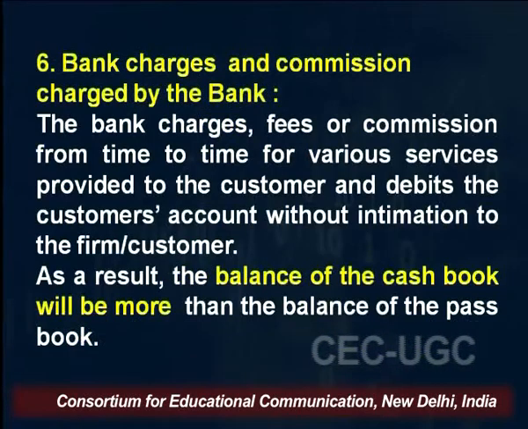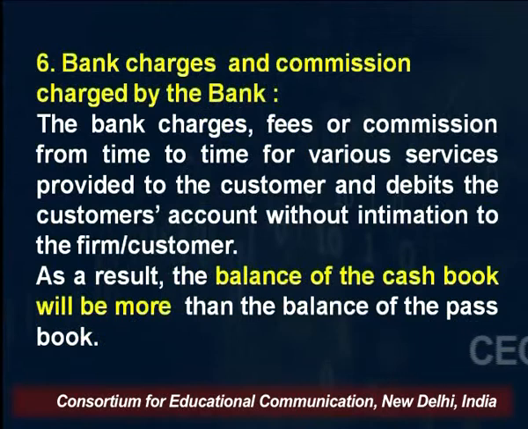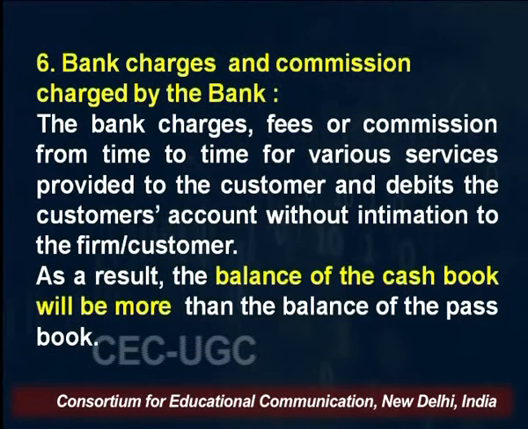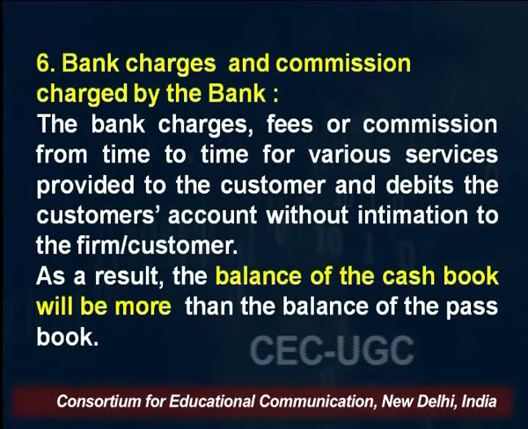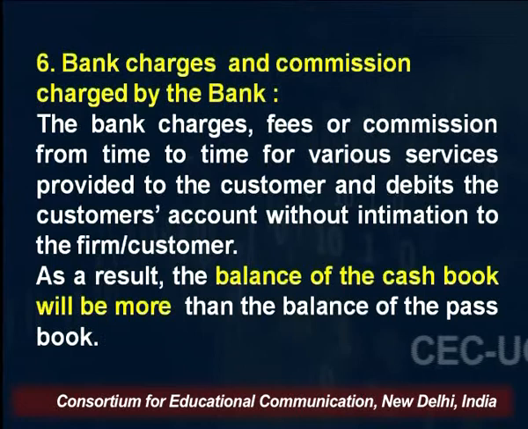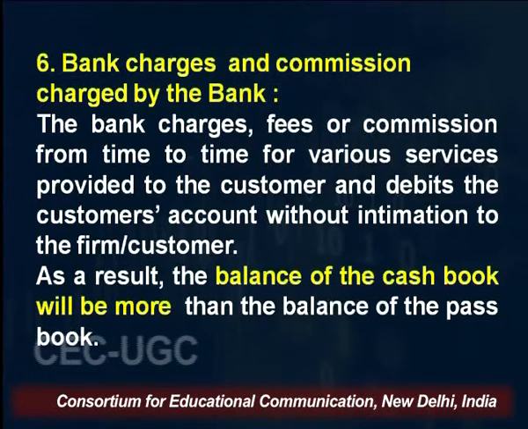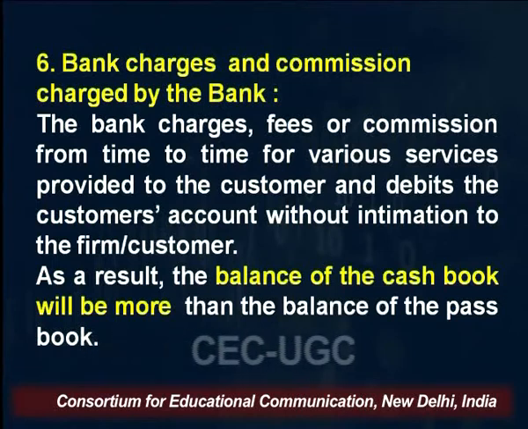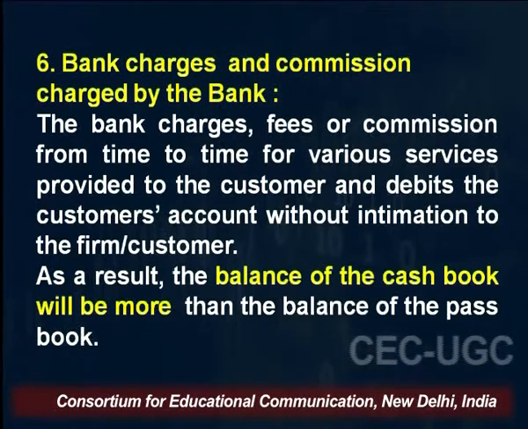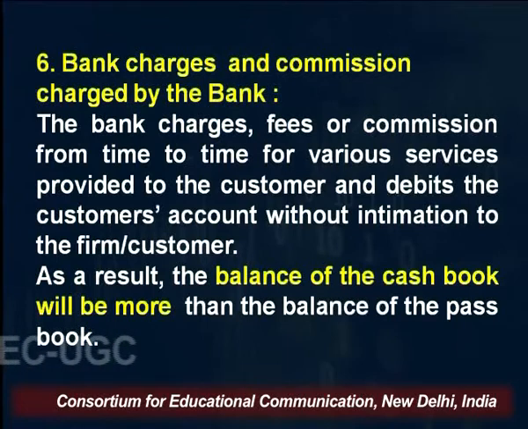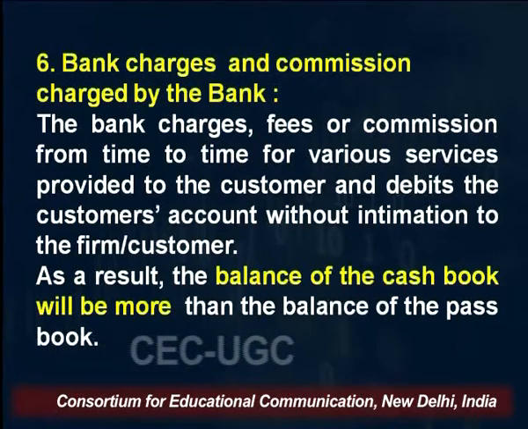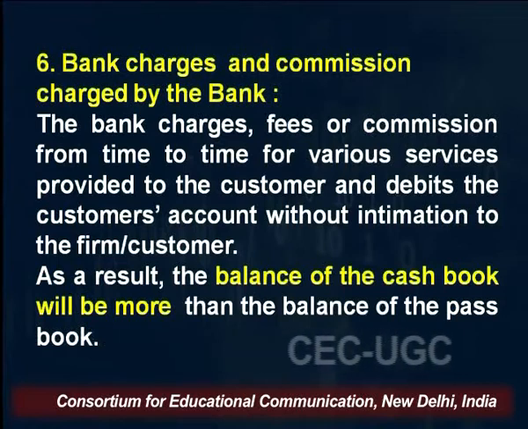The next one is the bank charges and commission charged by the bank. Generally it happens whenever the bank does some transaction or provides some services to the customer and debits the customer's account without any intimation to the customer. As a result, the balance of the cash book will be more than the balance of the passbook, because basically the bank is charging some fees or commission for the services given by them.